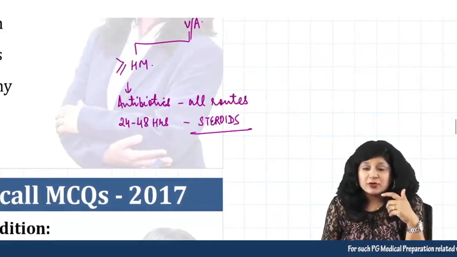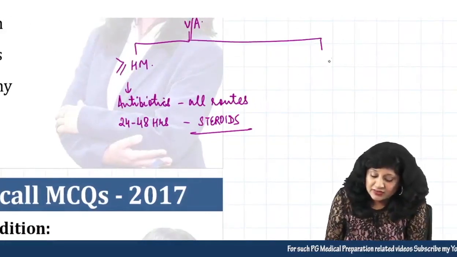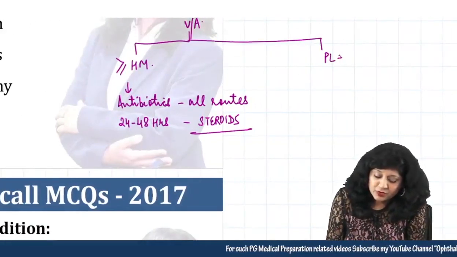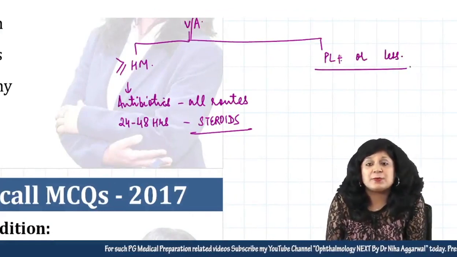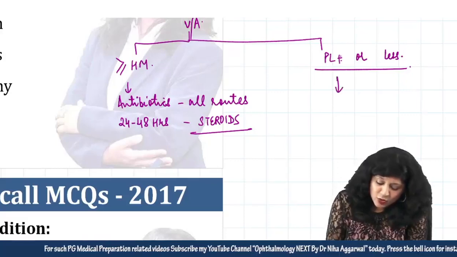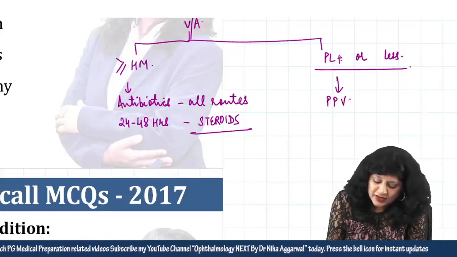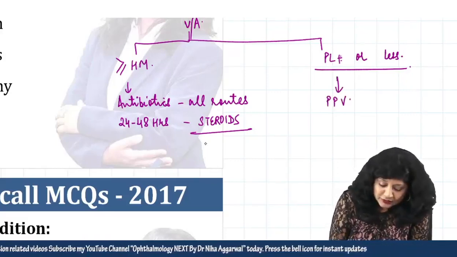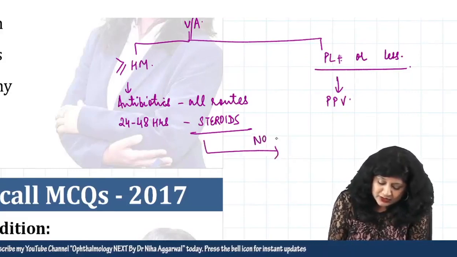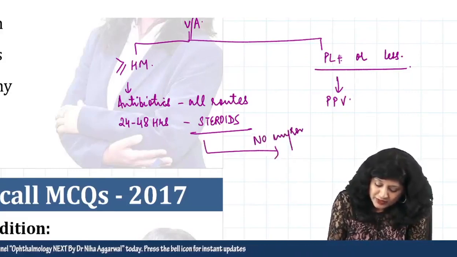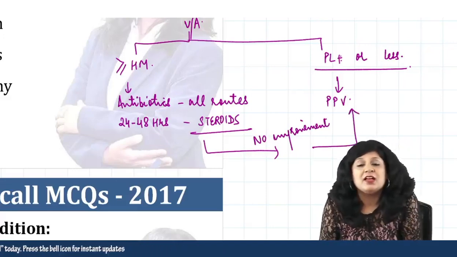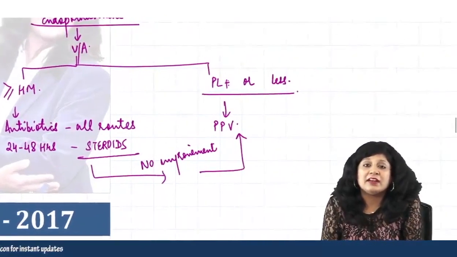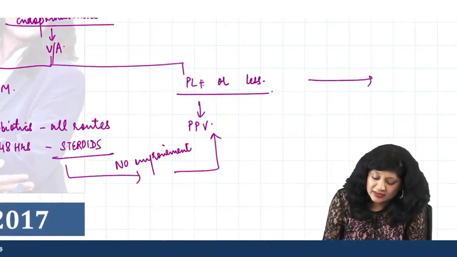Now, if the visual acuity is very less, PL positive, then we go for the pars plana vitrectomy, or if there is no improvement after giving these antibiotics, then also we do this pars plana vitrectomy, and then finally if you are not getting anything, then we do the evisceration.